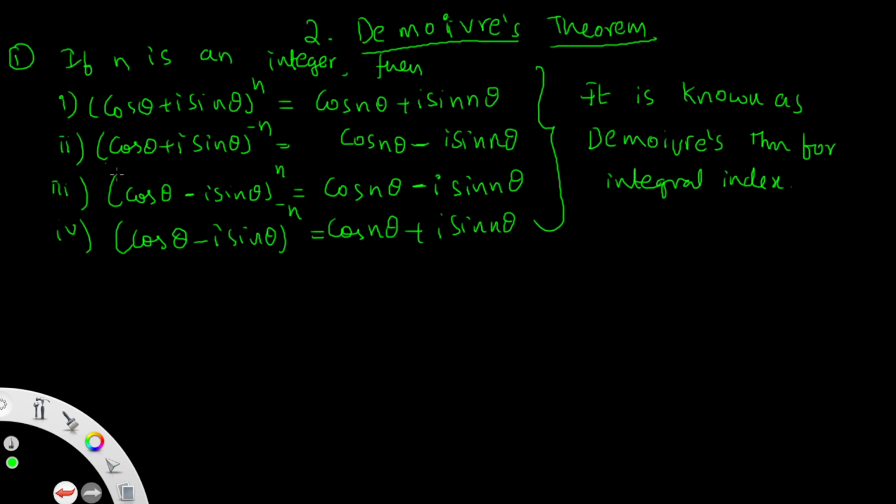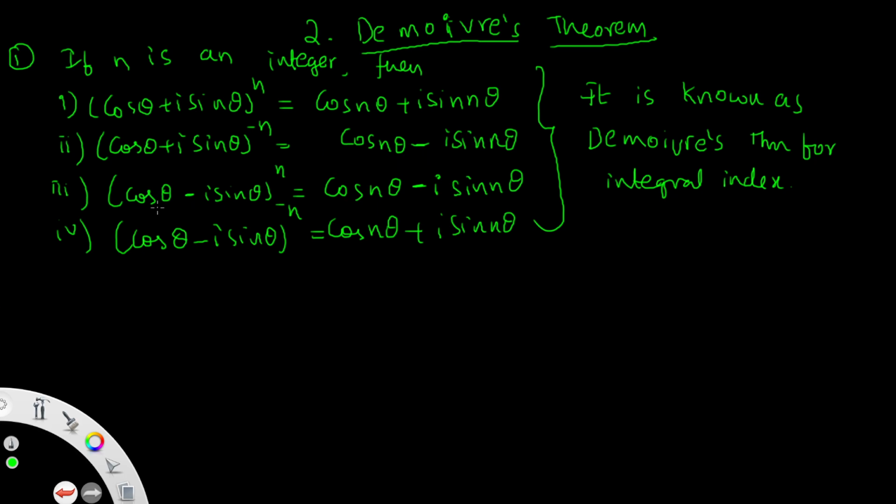Similarly, (cos theta plus i sin theta) whole to the power of minus n, where n is positive or negative, we can write as cos n theta minus i sin n theta. Why? Because cos of minus theta is cos theta, and sine of minus theta is minus sine theta. That's why we write minus here.